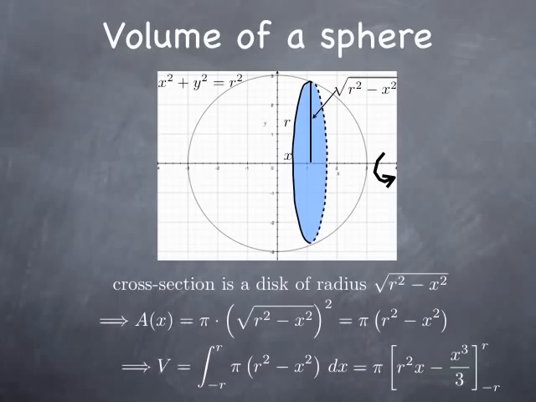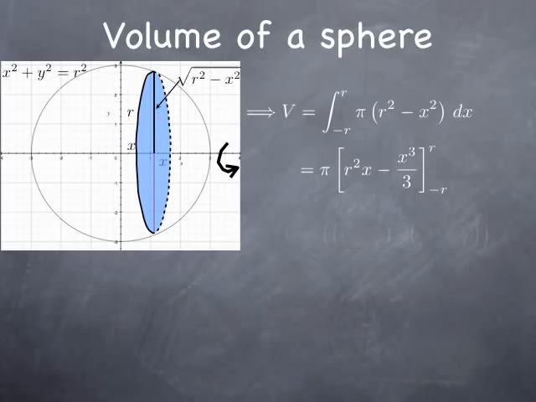And so to obtain an antiderivative I can pull out pi, because this is just a multiplicative constant. An antiderivative of r squared is simply r squared x, because r squared is really just a constant. And an antiderivative of x squared is x cubed over 3. We evaluate this function between negative r and r.